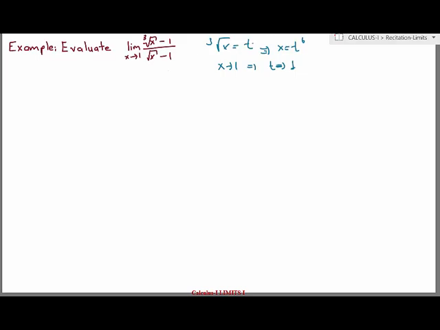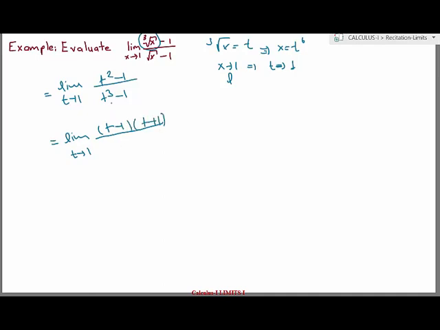Let's rewrite the problem. Limit when t tends to 1, t square minus 1 over t cube minus 1. I rewrite the expression. Instead of t square minus 1, I write t minus 1 times t plus 1.